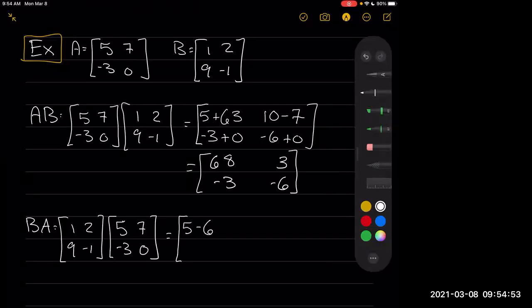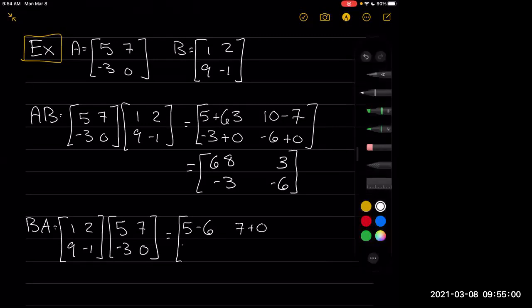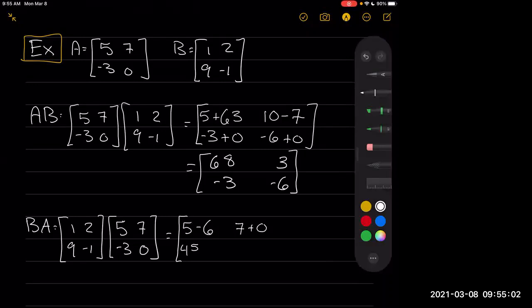And then we're going to have 1 times 7 plus 2 times 0. And we're going to have 5 times 9, which is 45. Then negative 1 times negative 3 is positive 3. And then 9 times 7 is 63 plus 0, because negative 1 times 0 is 0.